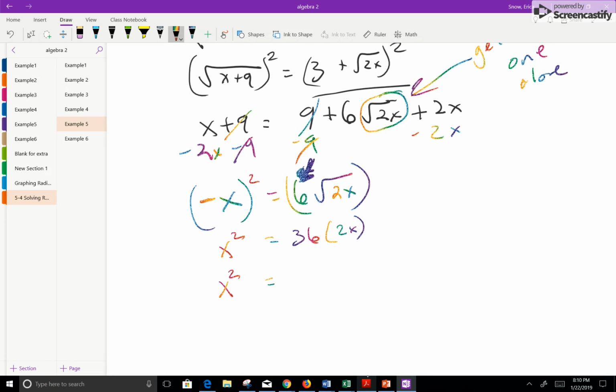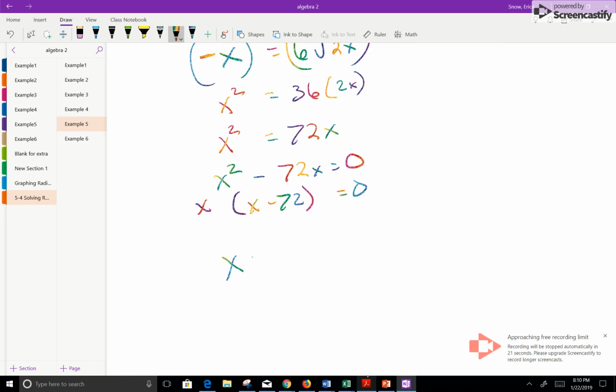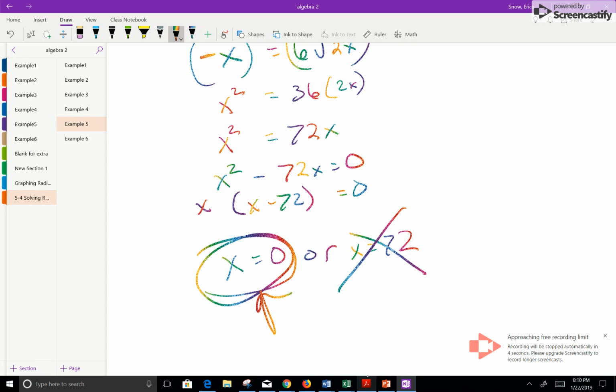And x squared equals 72x. x squared minus 72x equals 0. I pull an x out, x times (x minus 72). So x is equal to 0, or x equals 72. And then again, you plug those into your calculator, and 72 does not work, but 0 does. So this is our only answer that works.